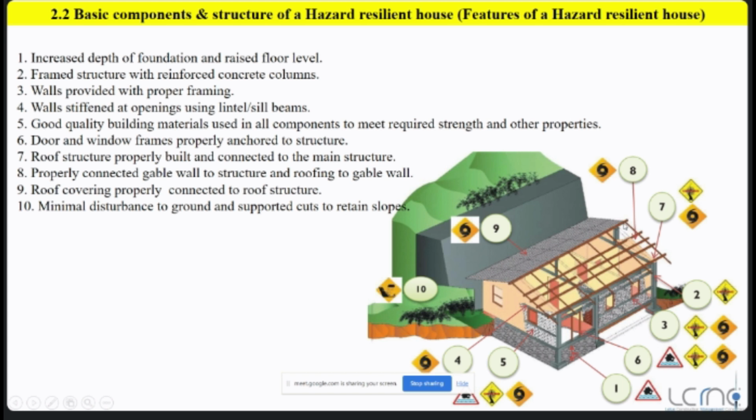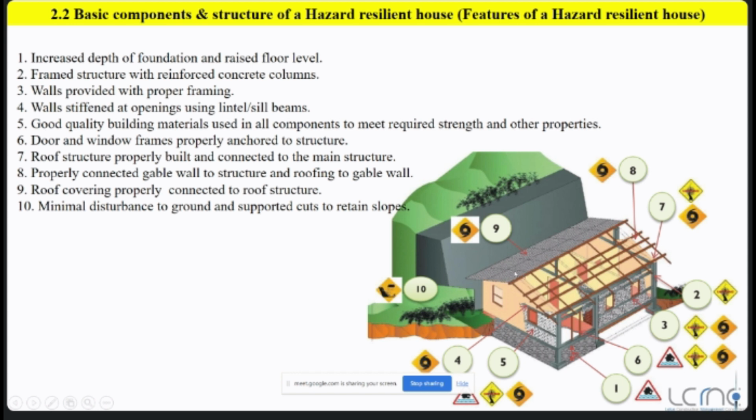On top of this triangular wall, you can have a capping beam. If you have a pitched roof structure, we are just constructing angle beams. On top of that kind of structural elements only, we keep the roof structure. That is that. And roof covering properly connected to roof structure. So you can see under 9, it's covered using proper tile elements.